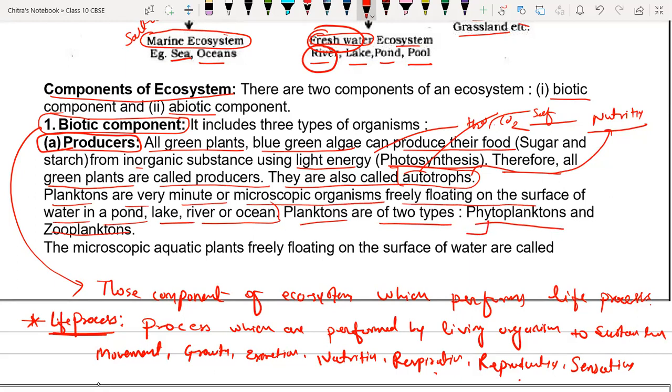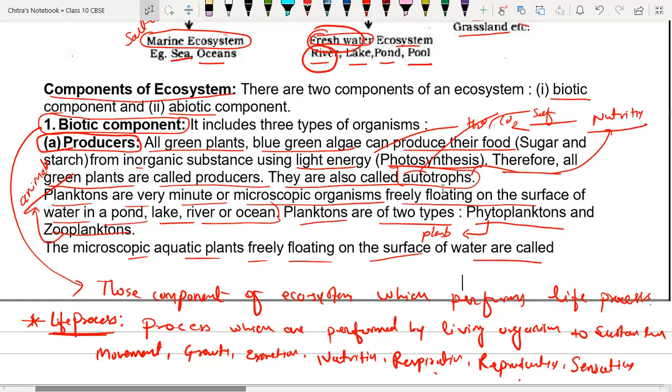Phyto means plant and zoo means animals. The microscopic aquatic plants freely floating on the surface of the water are called phytoplanktons. Any doubt, beta? No.